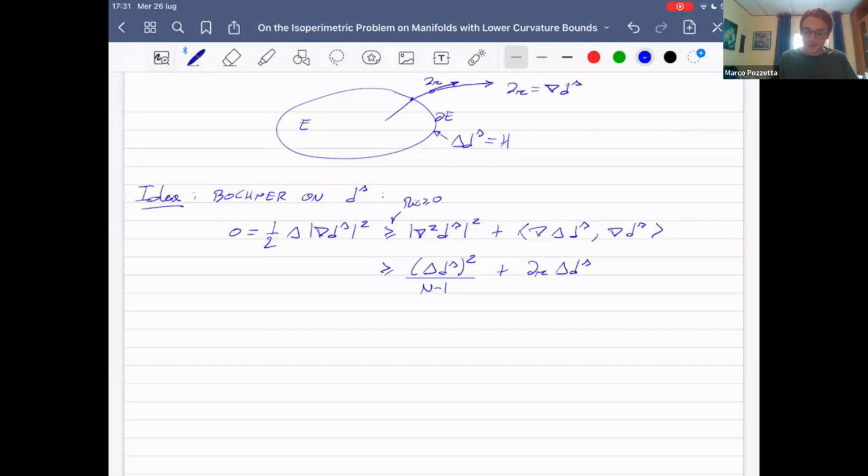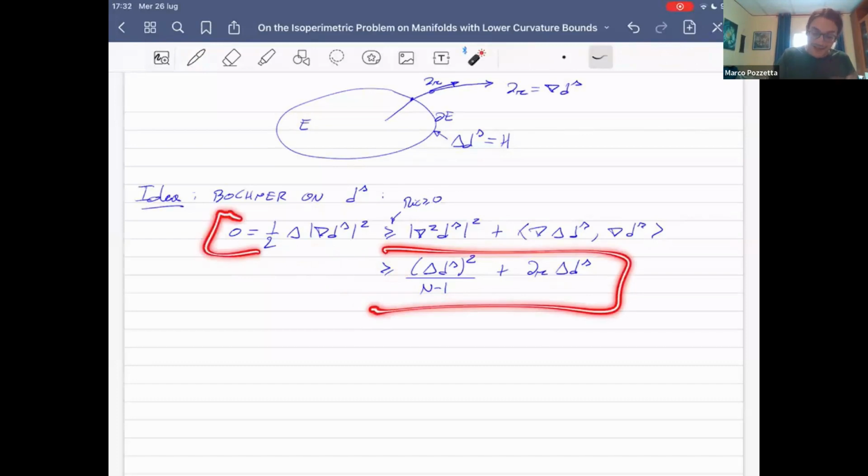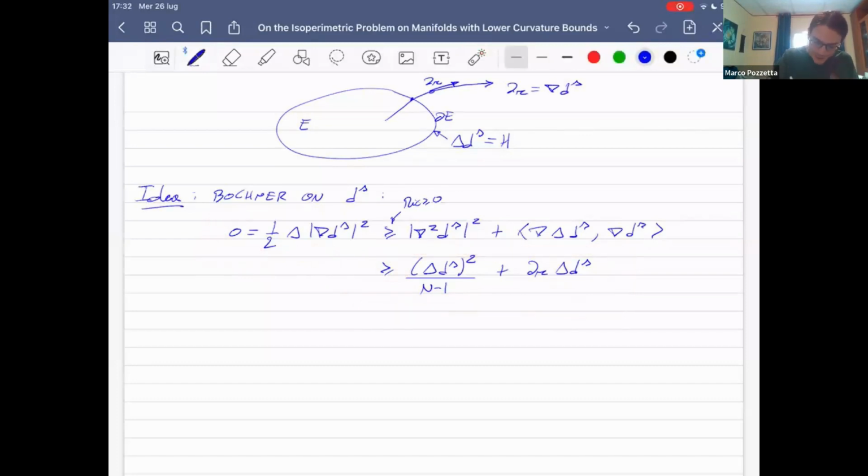But now you can see it, because now, what do I have? I have actually an ordinary differential inequality. And I have a boundary condition, an initial value.